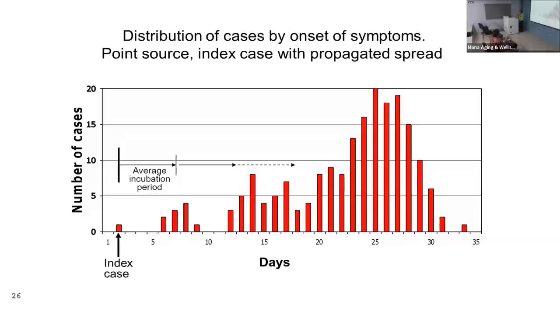One person, it spreads, and you have that cluster with the initial cluster. And then when they spread it now, you see progressively taller peaks, and the peaks can merge into one and start looking like a wave, like you saw with the COVID waves.